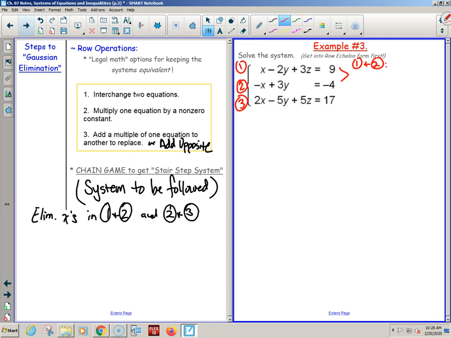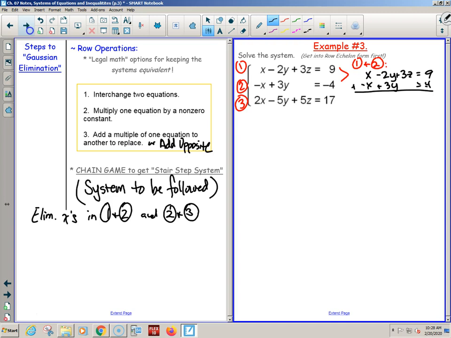We could write it all out, and for the sake of illustration in this one, I will. I'm a lazy person, though. If I was doing this on my paper, I would just do it in my head and get that new equation. But since I'm trying to model it for the rest of you, I'm going to write it out and actually do that addition, showing the step itself.